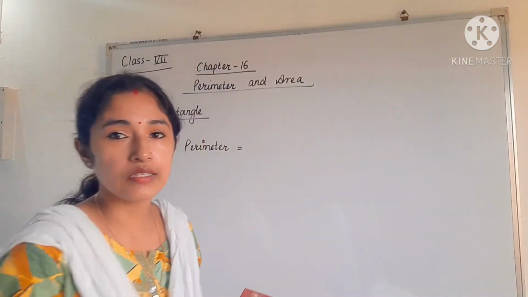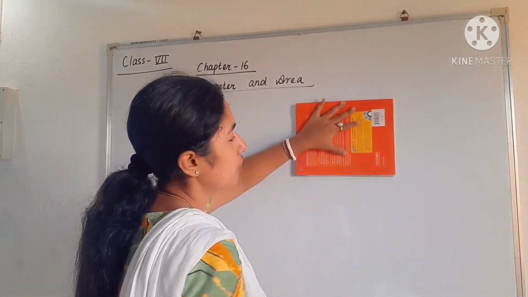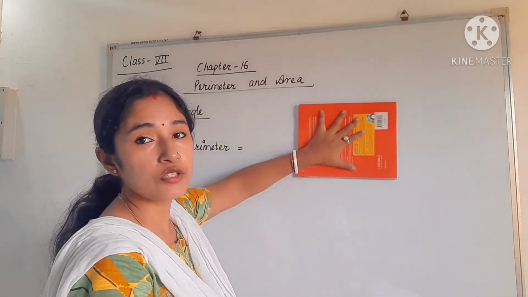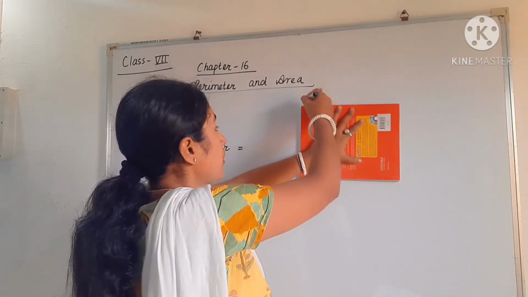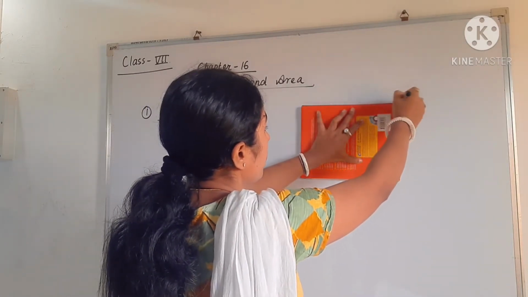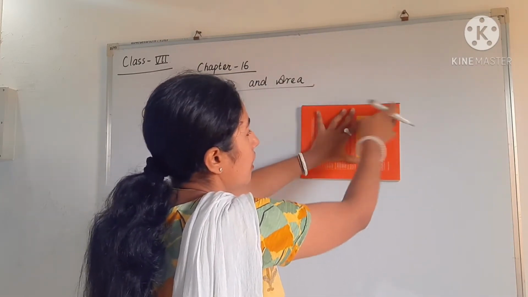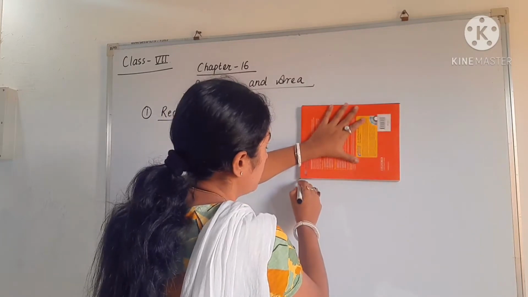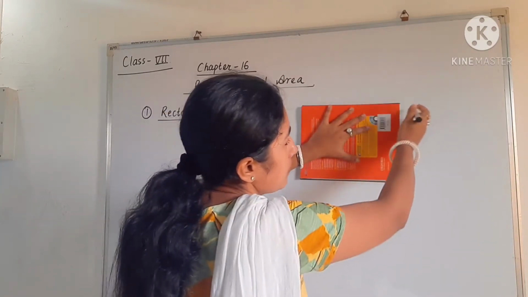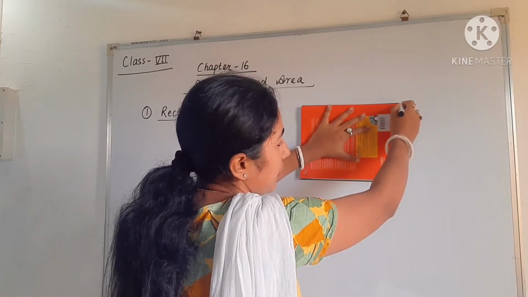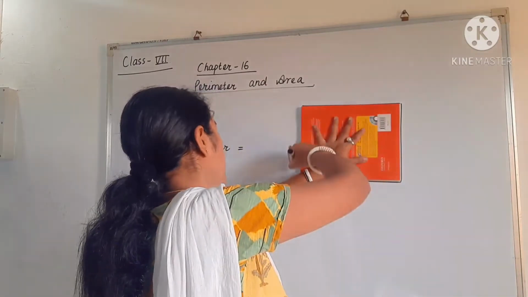Students, you can see here, this is a book, and the shape of this book is a rectangle. Here if I draw the boundary, you can see the length of this book is the same in the opposite side. Similarly, this is called the breadth, and the opposite sides are the same. So here I have drawn the boundary.